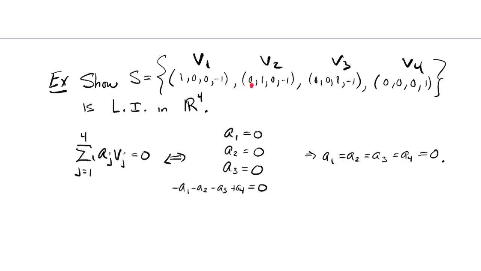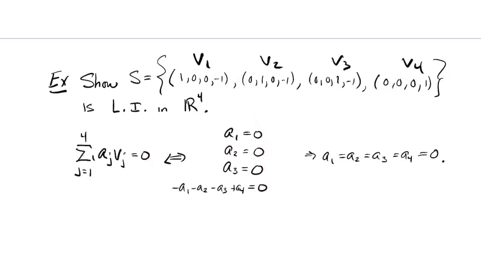Notice that no other element is going to contribute to the first equation, because no matter what you put here, a2 is times 0, a3 times 0, a4 times 0. So that first equation is just coming from this coordinate, and it's going to be a1. And what does a1 have to equal? Well, it has to equal 0. It's a homogeneous system of equations. All these answers are 0. That's what I mean by homogeneous.